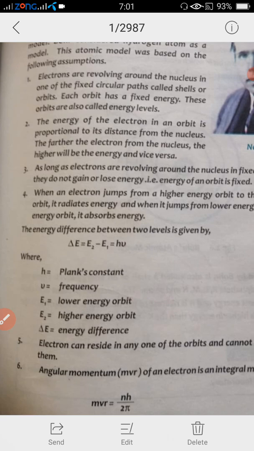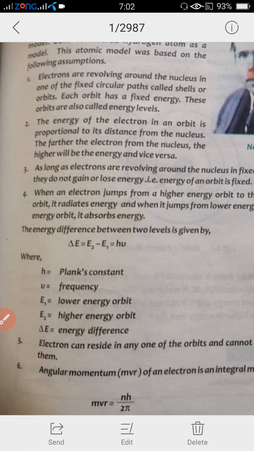So now we can say that like the planets, electrons will also move in their specified path, which is known as the energy level or orbit of that electron.